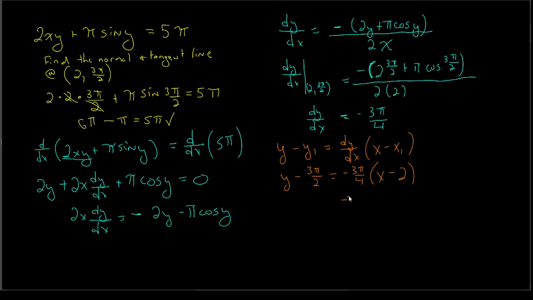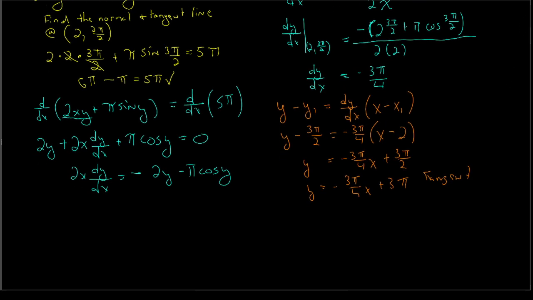We'll distribute this, negative 3π/4 x plus 3π/2. And we'll add 3π/2 to each side, so we'll get negative 3π/4 x, adding, so 6π/2, or 3π, as we add across. And so there is our tangent line.